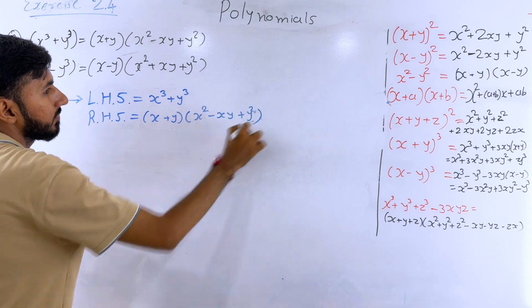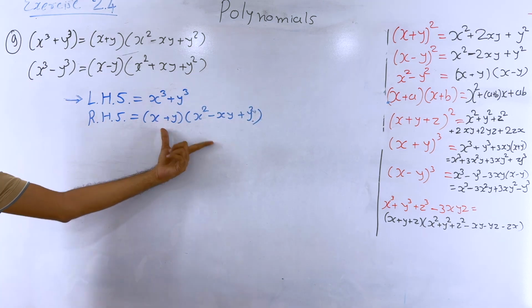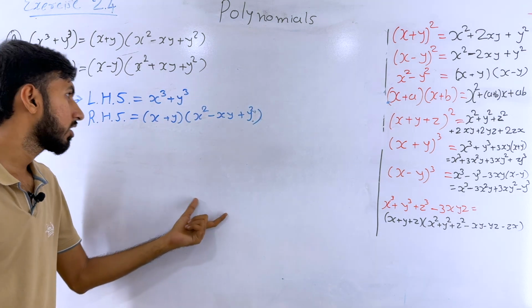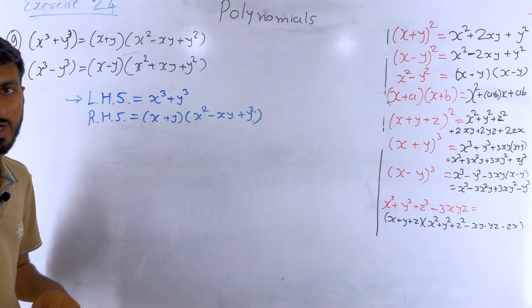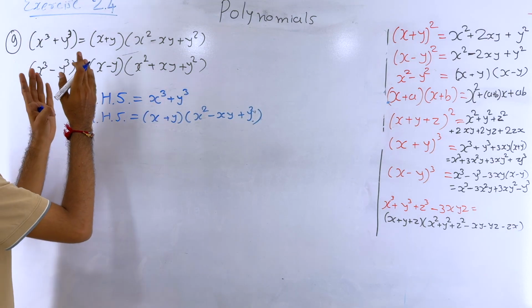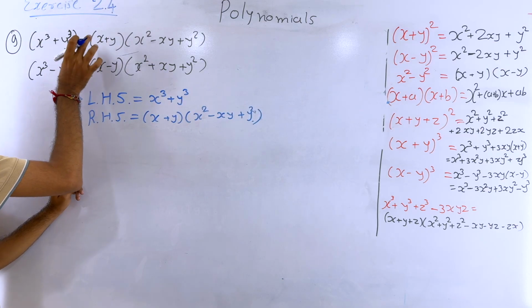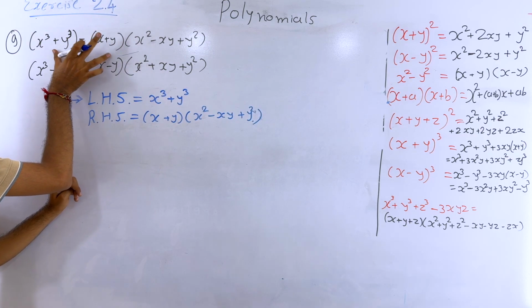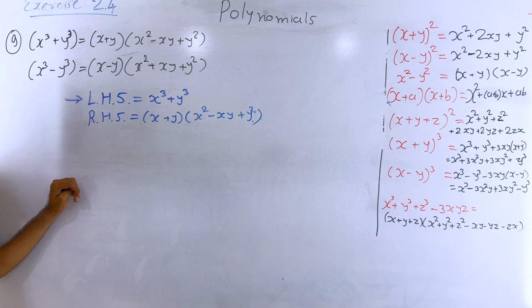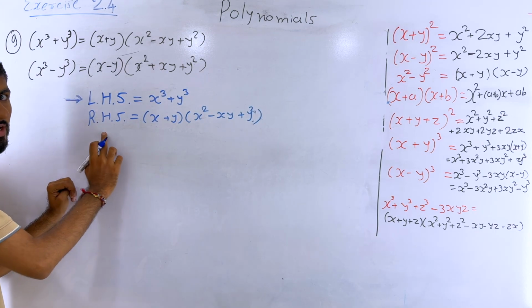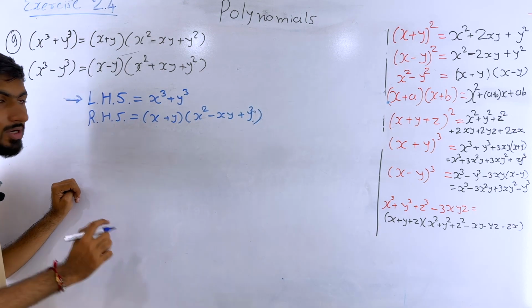This is my right hand side. Now I will simplify the right hand side and my answer should come the same as my left hand side. Then I can say the right hand side and left hand side of the equal to sign are the same, so I have verified it, that both are equal, right? So I will start with my right hand side and my answer should come as the left hand side.